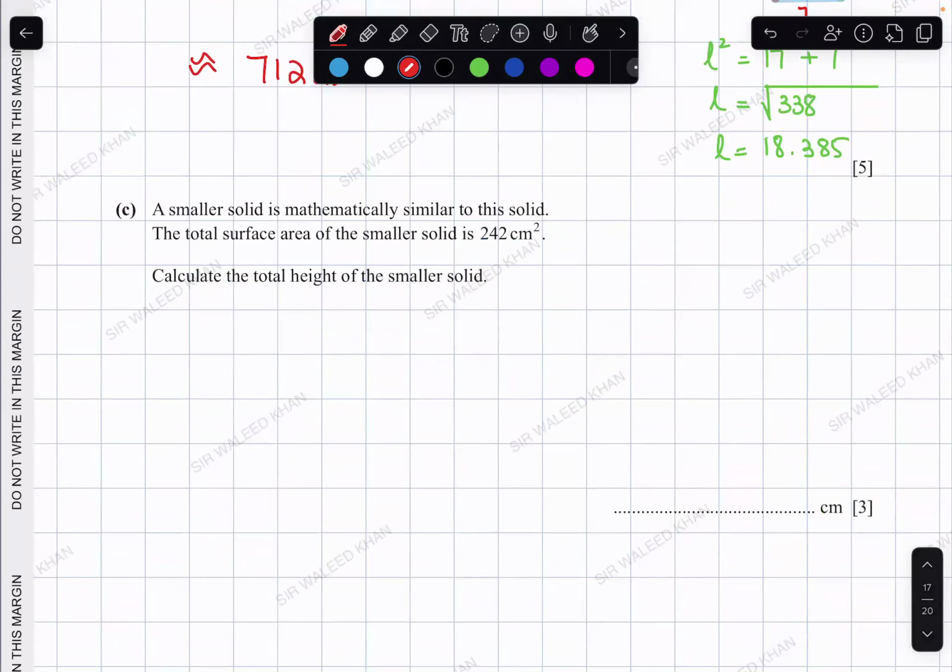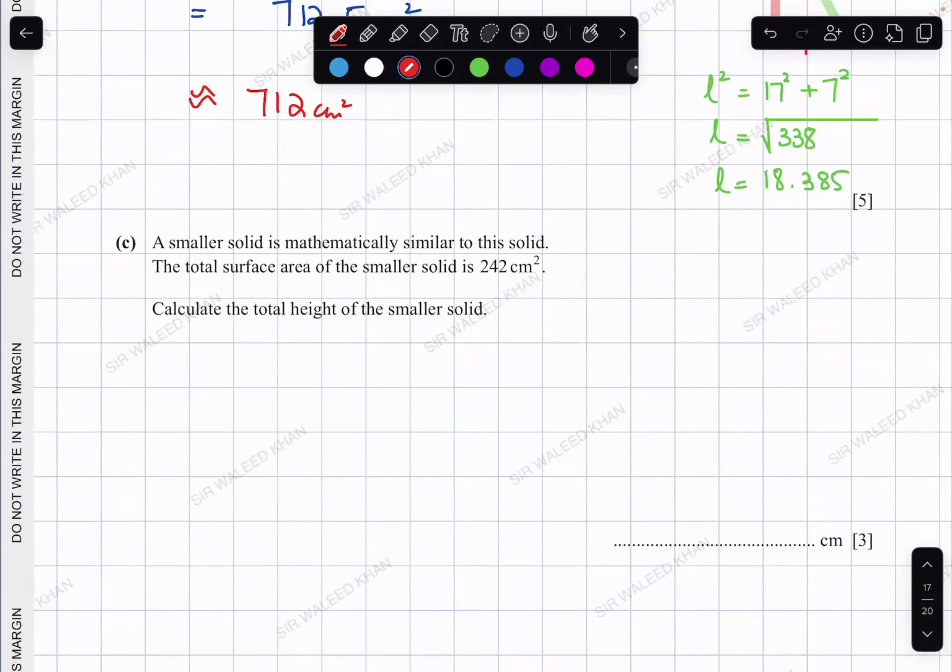We have the total surface area of the bigger one, 712, and the smaller solid is this one, whose area is 242.